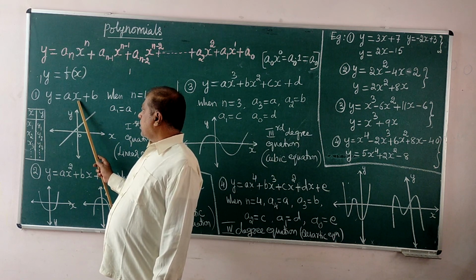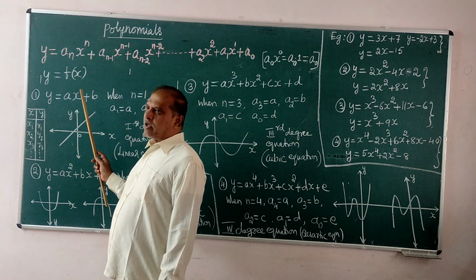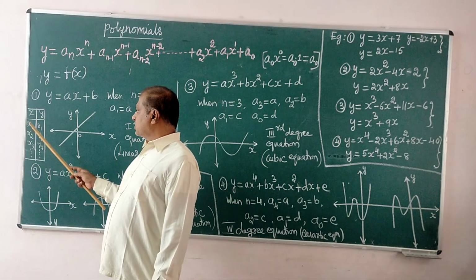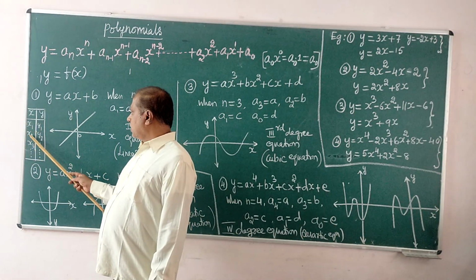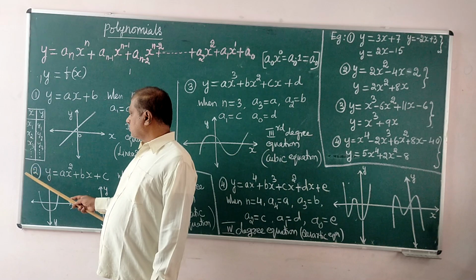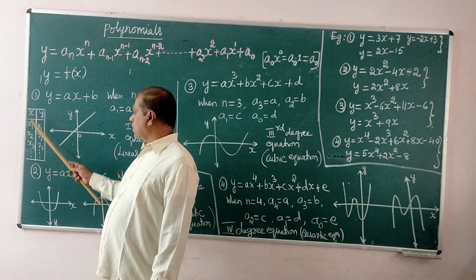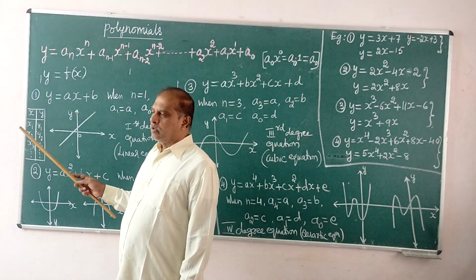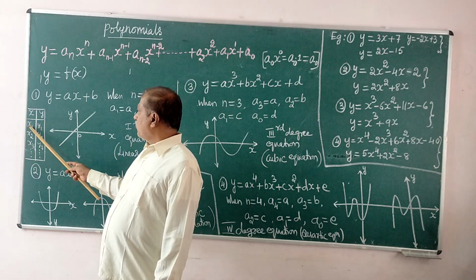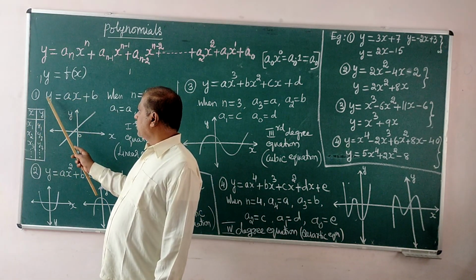You choose a set of values of x, numerical values. Let us say x1, x2, x3, x4, set of values, either 5 values or 10 values of x. Put the value of x, calculate the value of y.